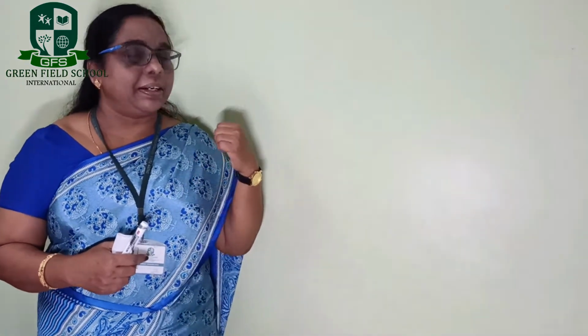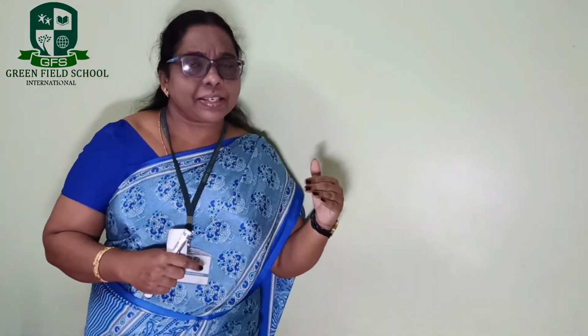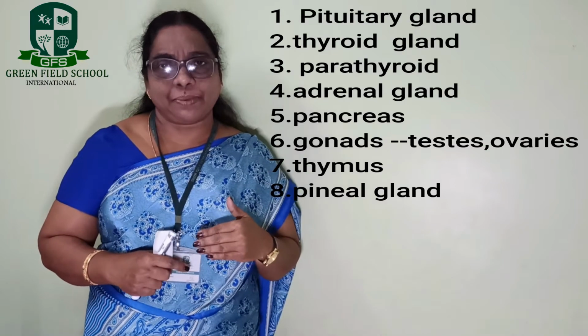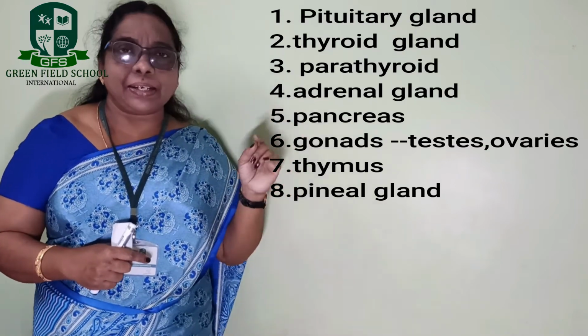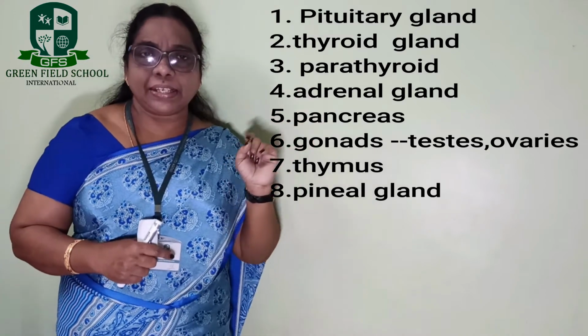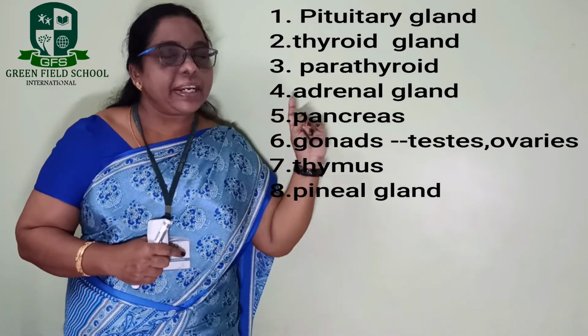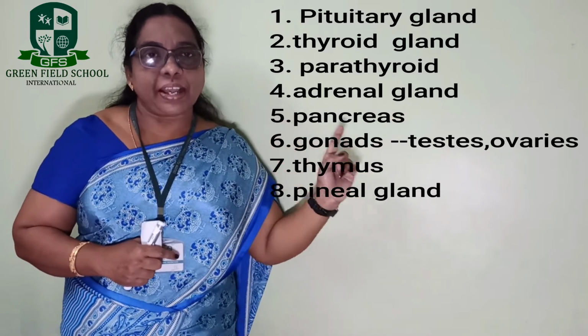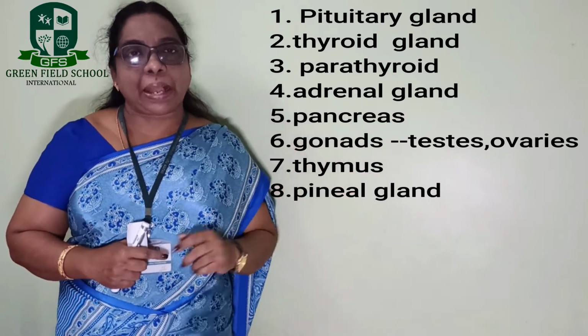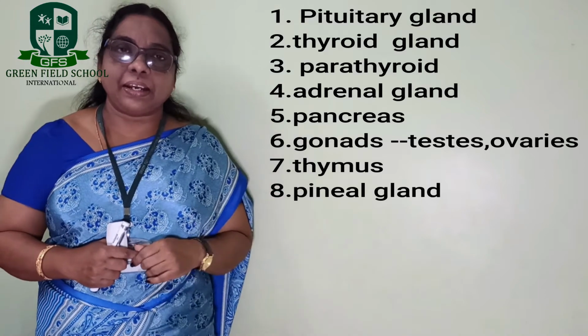Okay, first let me explain the start. There are 6 different types of glands. First is the pituitary gland, second is the thyroid, and third is the parathyroid. Fourth is the adrenal gland, fifth is the pancreas, and sixth is the gonads.